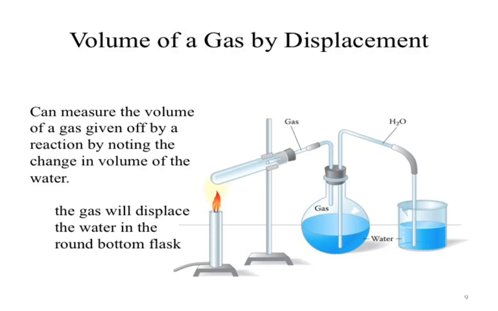It's like it's adding its volume. The liquid then wants to displace away from it. The only way it can displace is by going up the tubing and out the other end. So what we can do is actually monitor the volume change either in our round bottom container, which is not easy to do, or we can measure it.